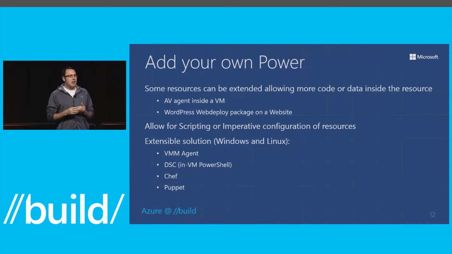So combining the model of your resources with the configuration of your resources, and then with extensions to actually perform actions on those resources. For example, later in the demo, we'll show you an extension that exists on our Microsoft Azure websites that installs a web deploy package code onto a website that we've created. So not just the creation of the resource, but the creation and then even the deployment.